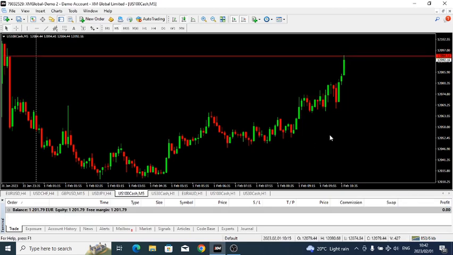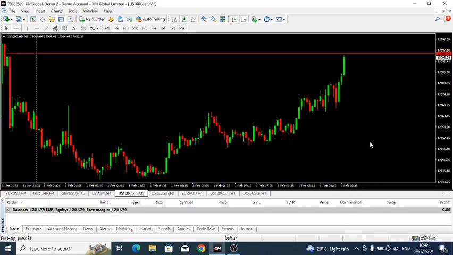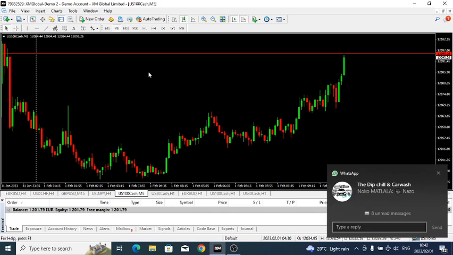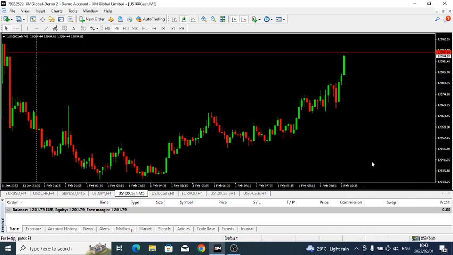Yes, I'm on a demo because I'm practicing my concepts. That's why I'm trading on a demo and also testing the broker. It's XM for me.